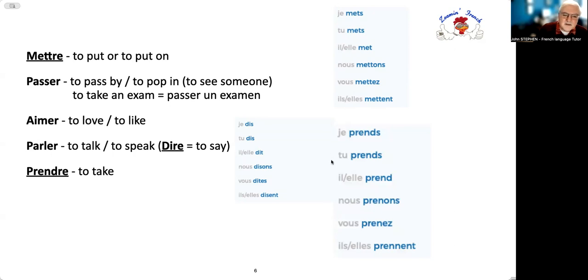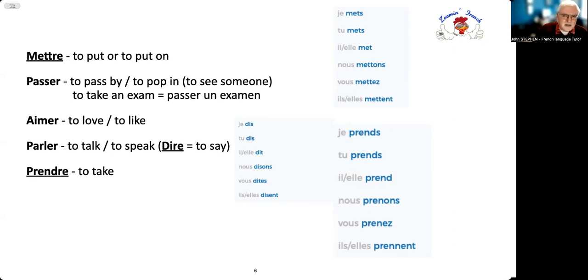But notice here, the conjugation changes. It's very different. So let me go through it with you, because there's something quite surprising about this verb prendre. So it starts off, je prends, tu prends, il prend, then nous prenons, vous prenez, ils prennent.